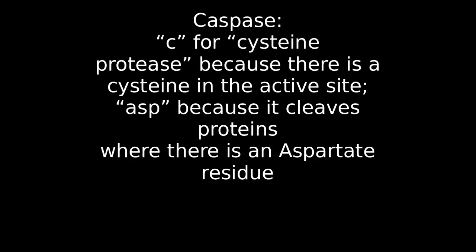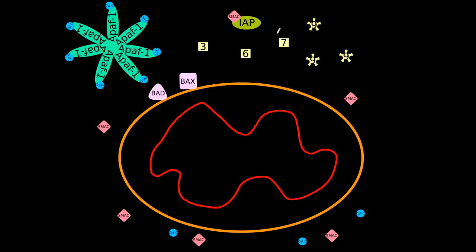Now, just as a little side, why are they named caspase? Well, it's kind of a mouthful. The C stands for cysteine, because there's a cysteine in the active site of these proteins. The ASP comes because it cleaves proteins where there's an aspartate residue. So C for cysteine in the active site, ASP because it cleaves at aspartate, and ASE because it's an enzyme. So caspase.